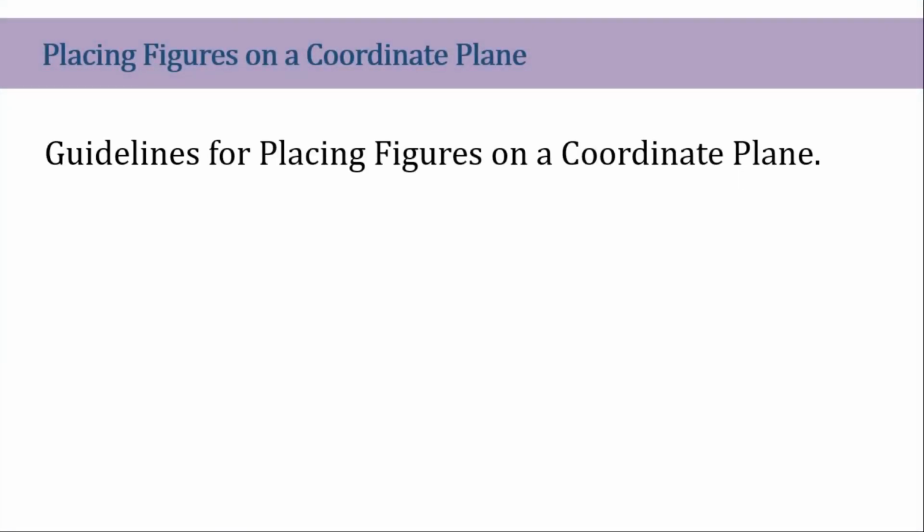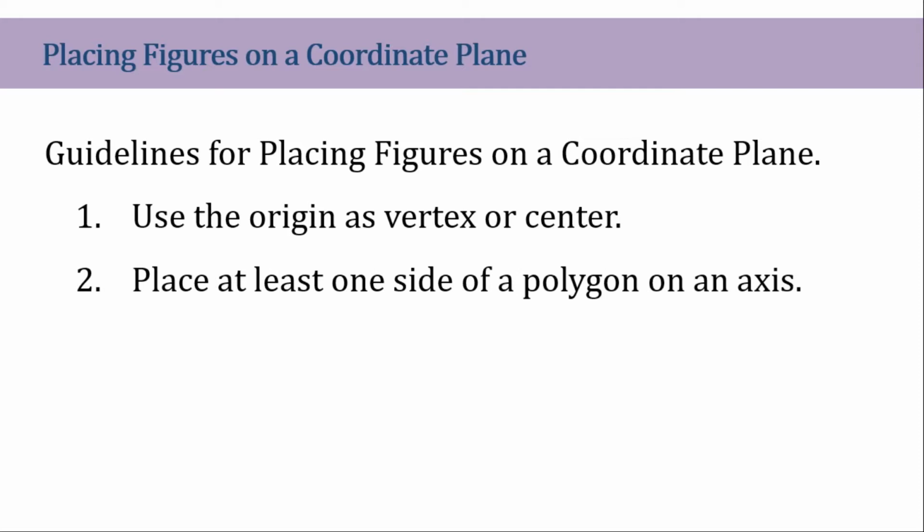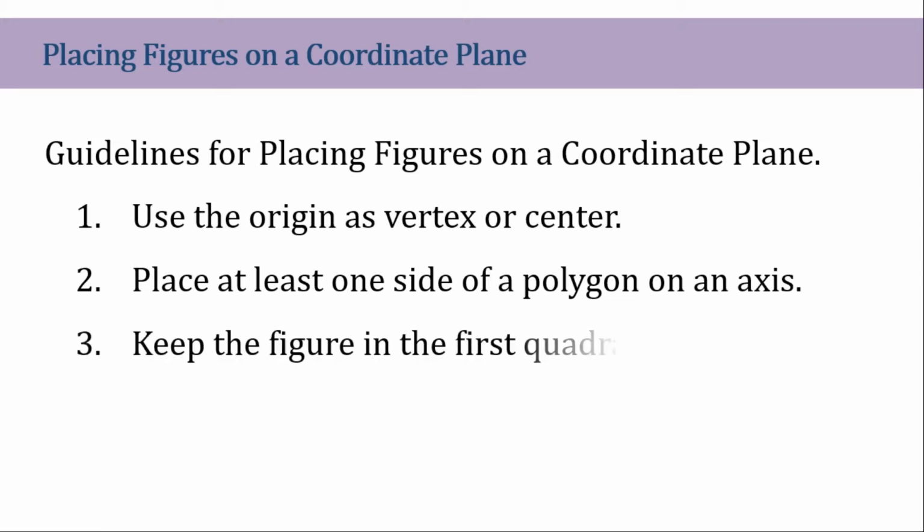These are the guidelines for placing figures on the coordinate plane. First, we need to use the origin as a vertex or the center of our figures when we place it. Second, we need to place at least one side of the polygon on an axis, either the x-axis or the y-axis will do. Number three, we should keep the figure in the first quadrant if possible.